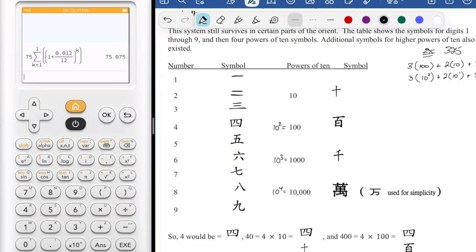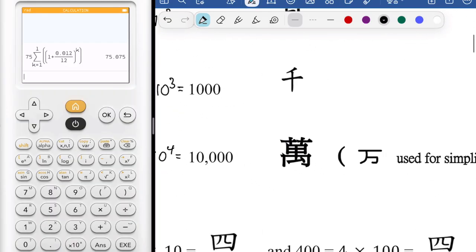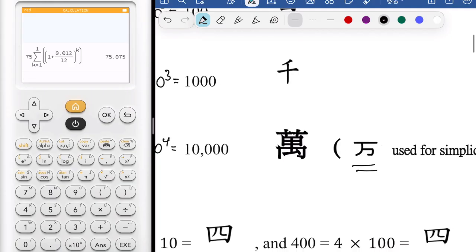A little bit more challenging to draw out than the case of Roman numerals. Probably on the same level of difficulty in terms of just keeping track of the strokes as the Egyptian, right? So there are some characters that we use for simplicity, right?